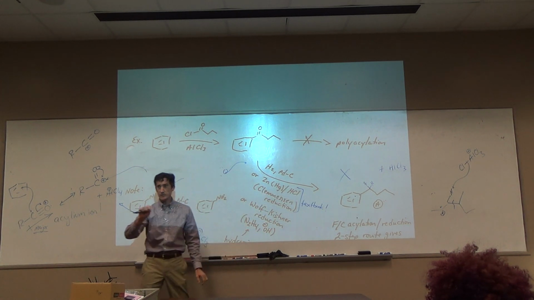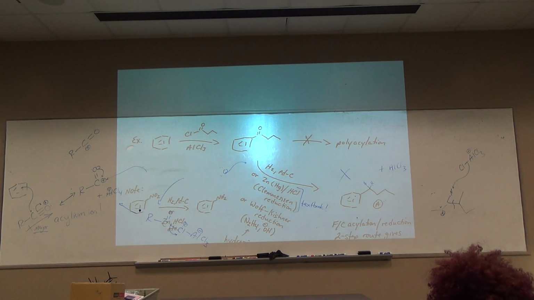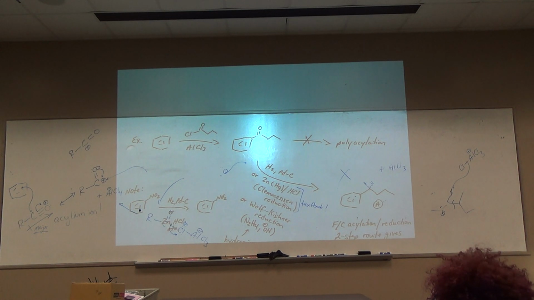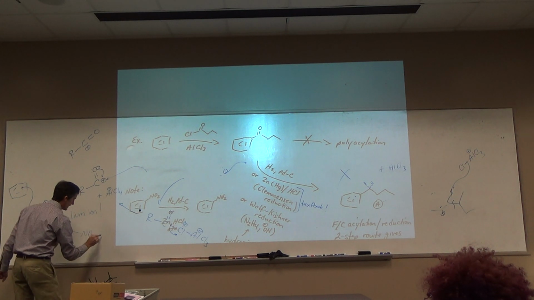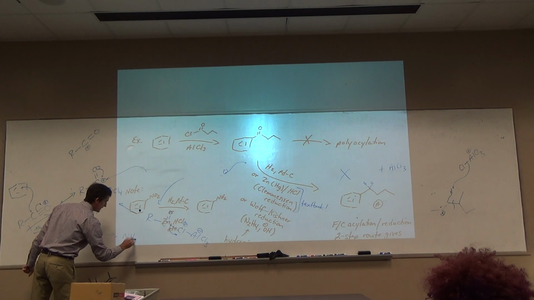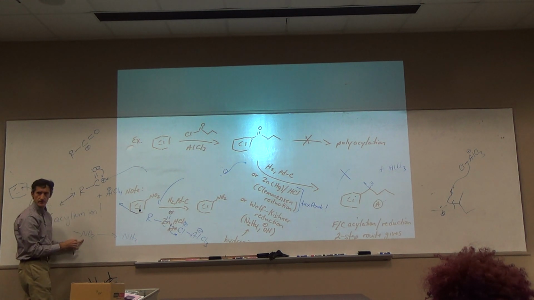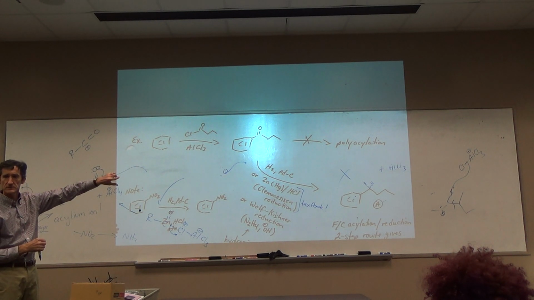Some of you have used zinc in the lab. I wish all of you had used it. Zinc and a proton source, a reduction. This reduction is a little bit more difficult than a nitro reduction. And by the way, when we reduce a nitro group to the amino group, aren't we removing oxygens and replacing them with H's? It's a lot like what we're doing here. We're removing an oxygen from the carbon, replacing it with H's.